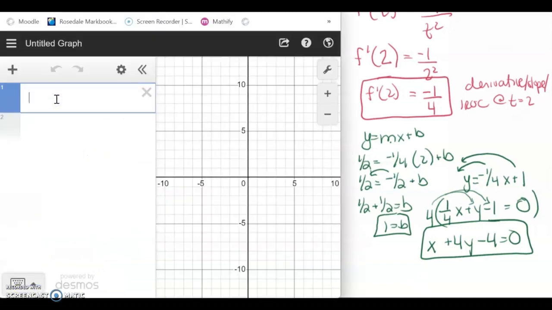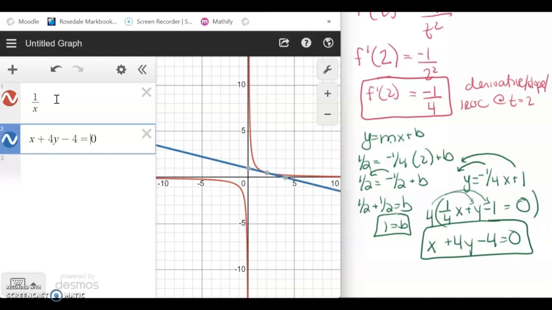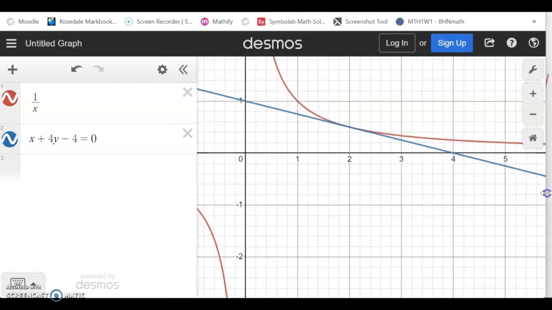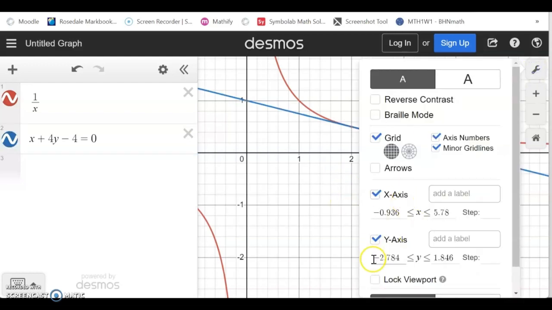So let's take a look at the graphs. You don't want to put 1 over t in here. It doesn't pick it up. You want to do 1 over x. And then I'm going to graph x plus 4y minus 4 equals 0. Oh, it does plot it. If we take a look at this blue line, the y values are going to go from -1 to 1.